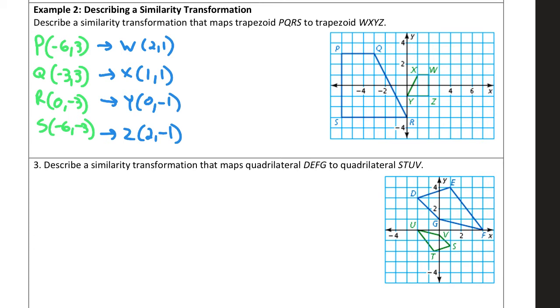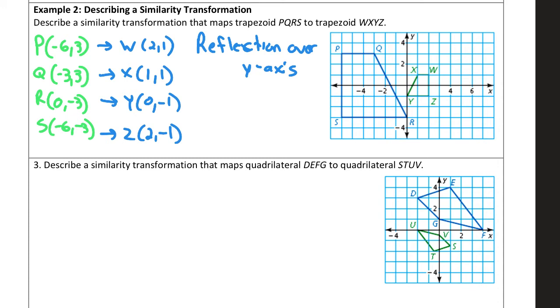So we should notice some things that are going on here. One thing to notice is that one of the transformations was a reflection over the y-axis, right? Because it looks like we flipped this shape over the y-axis. So that's one of the transformations. And then our second transformation is some sort of dilation, but our dilation here took a bigger figure and made it a smaller figure.